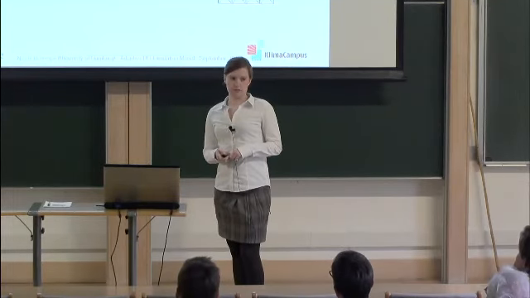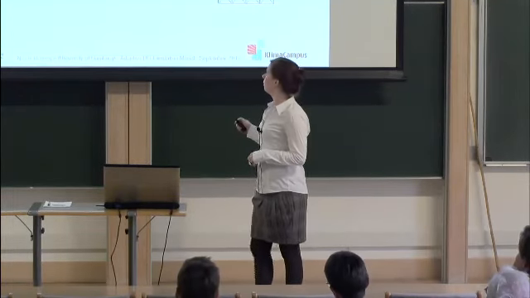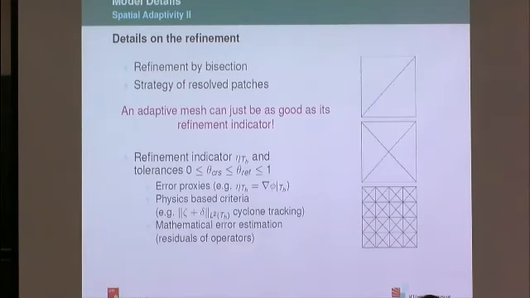And yeah, then I put that statement here. I think that an adaptive mesh can just be as good as its refinement indicator. So I believe that especially for realistic simulations that I work on, or that I will work on for my PhD, we need a good refinement indicator.